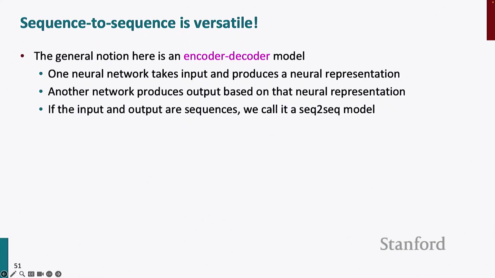Okay, so this is our general notion of an encoder-decoder model, which is a very general thing that we use in all kinds of places, right? We have one network that encodes something, which produces a representation, which will then feed into another network that we'll use to decode something.